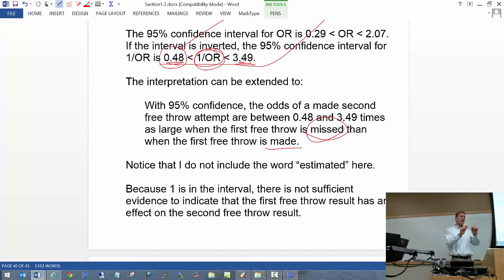What that means is that you go out and take a sample, calculate another interval. Go out and take a sample, calculate another interval. Go out and take a sample, calculate another interval. For 95% of those, I would expect my one parameter, in this case OR, to actually be in those intervals. My interval changes with every single sample. That's the key. And I think sometimes that's where the misunderstanding happens with that second interpretation for some students, is that they think that 95% of my ORs are going to be inside that interval. Well, there's always going to be only one OR, okay? Because that's the parameter.